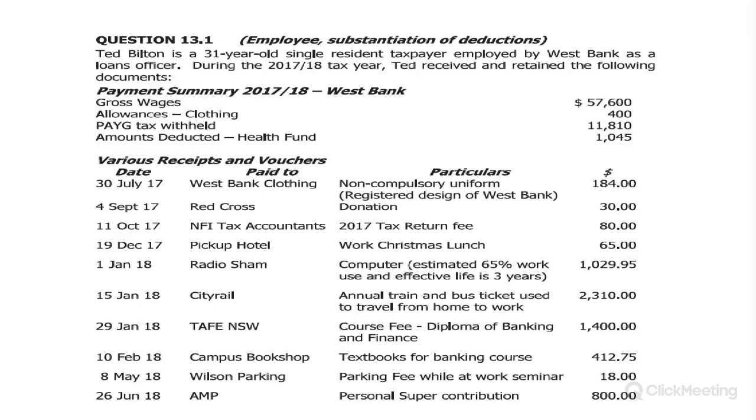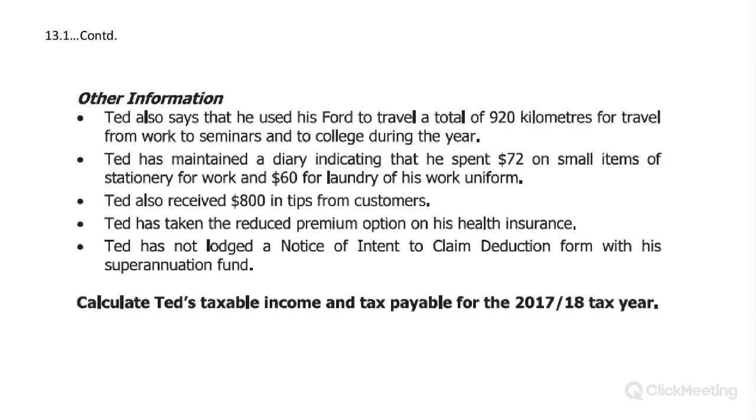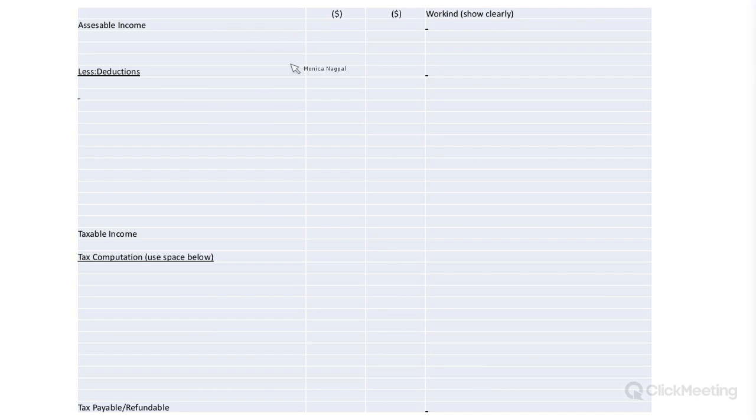A very good approach, a better approach in addressing this question as is in the template, is first to write down all the assessable income. You should be able to take the gross wages, allowances, any other income that TED has been able to make and write all those things here as assessable income.